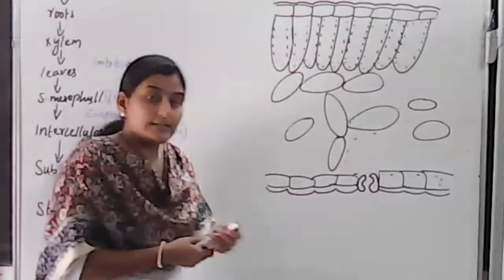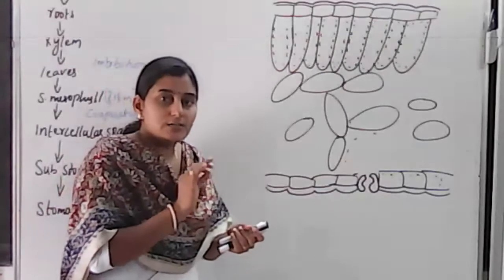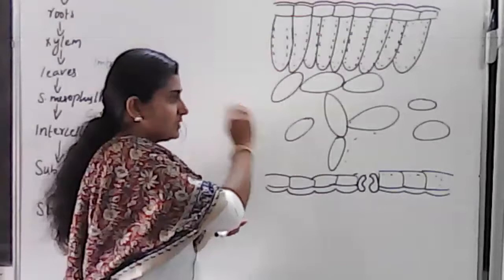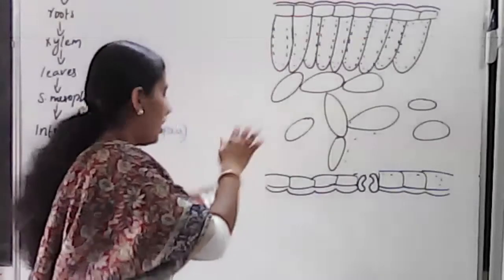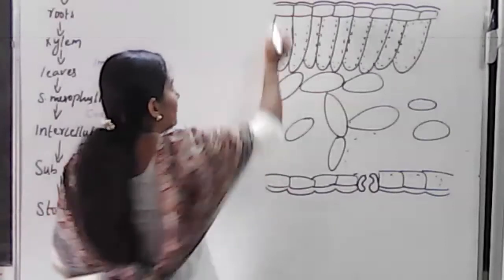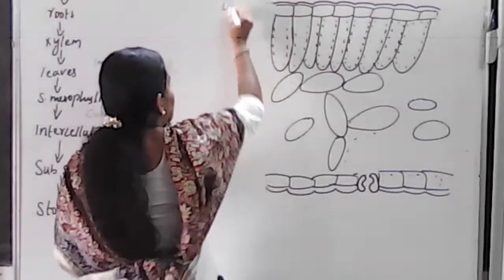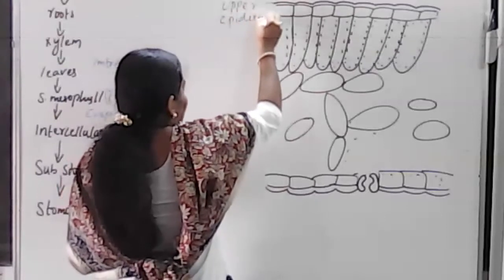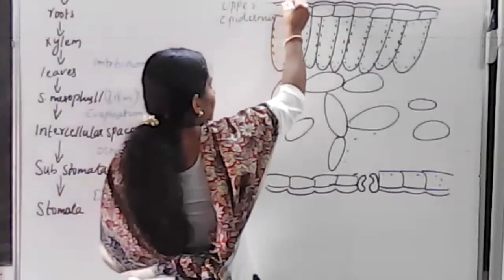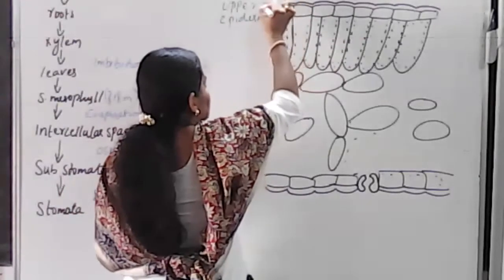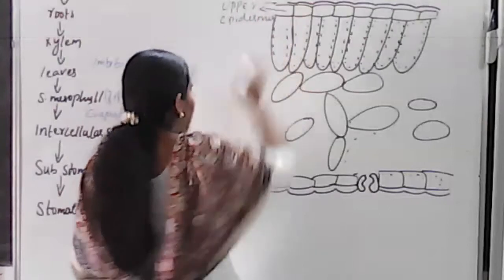So now listen here, I'll tell you about the parts of a leaf. If you observe the section of a leaf under a microscope, the outermost part is called the upper epidermis. This part is the upper epidermis, the first part.